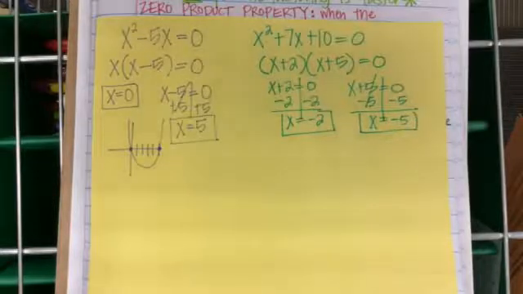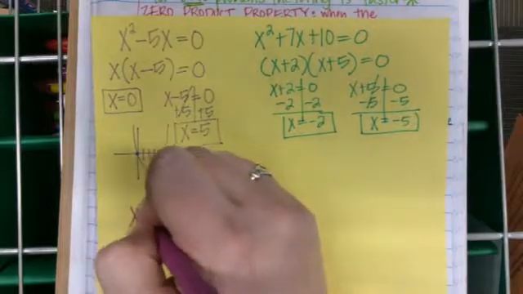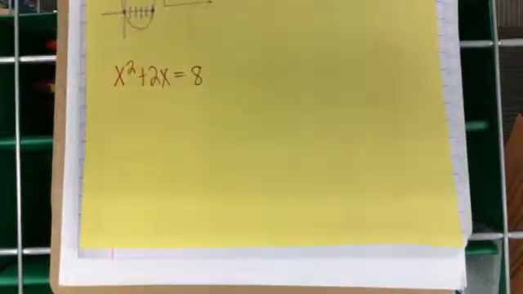Okay, so let's try this one. X squared plus 2x equals 8.